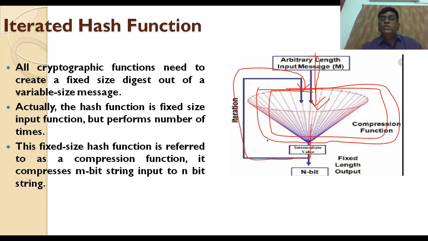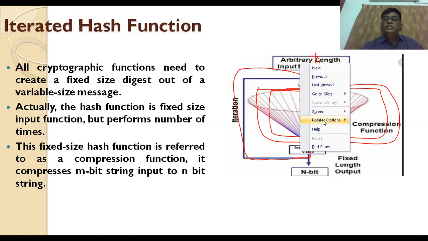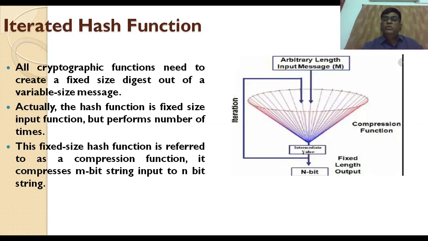Again it gives some result, which is the intermediate result for the second time. The second result is also sent back to the hash function. Now it takes the third block from the message and performs the hash function, then gives some result.